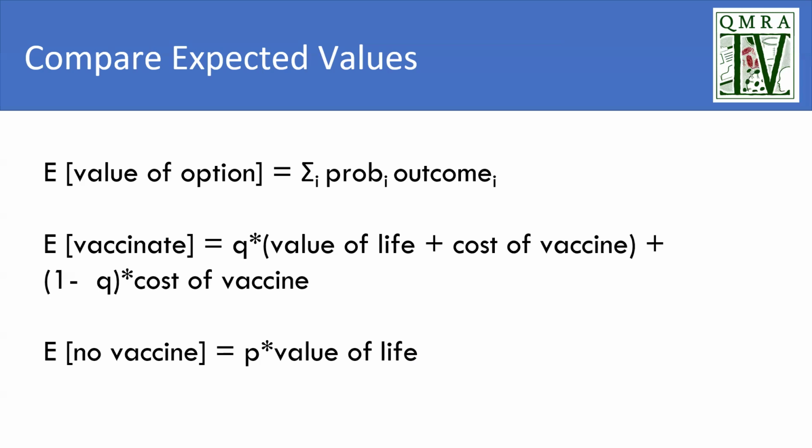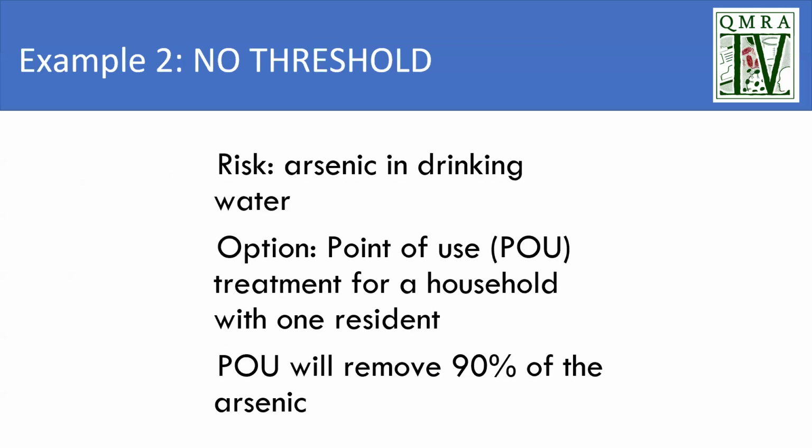We can set these two terms equivalent to themselves, which I'll show in the next example, and then calculate for the P value that we're looking for. So in the next example, again, an arsenic in drinking water example, our option is to install a point of use device at a household with a single resident.